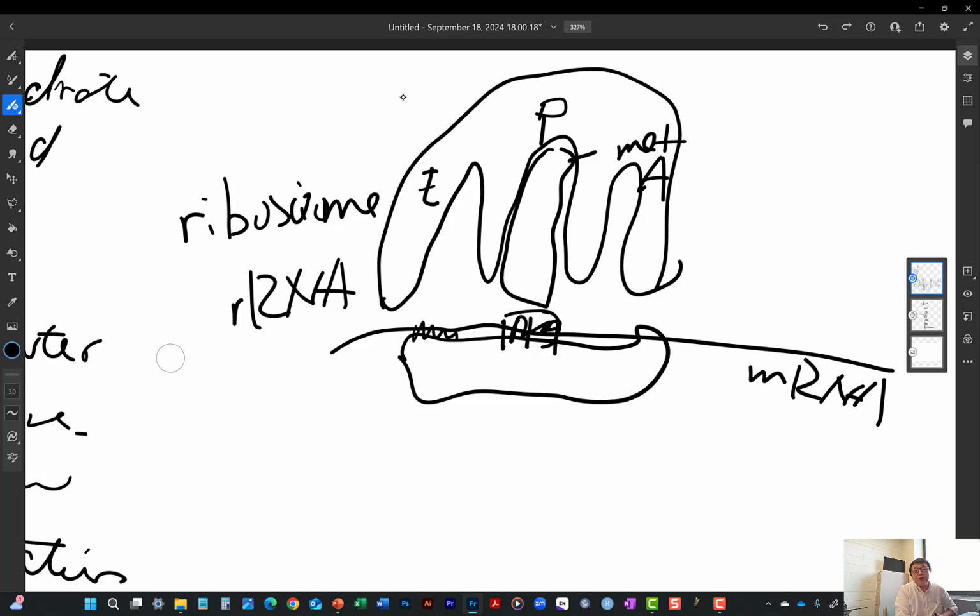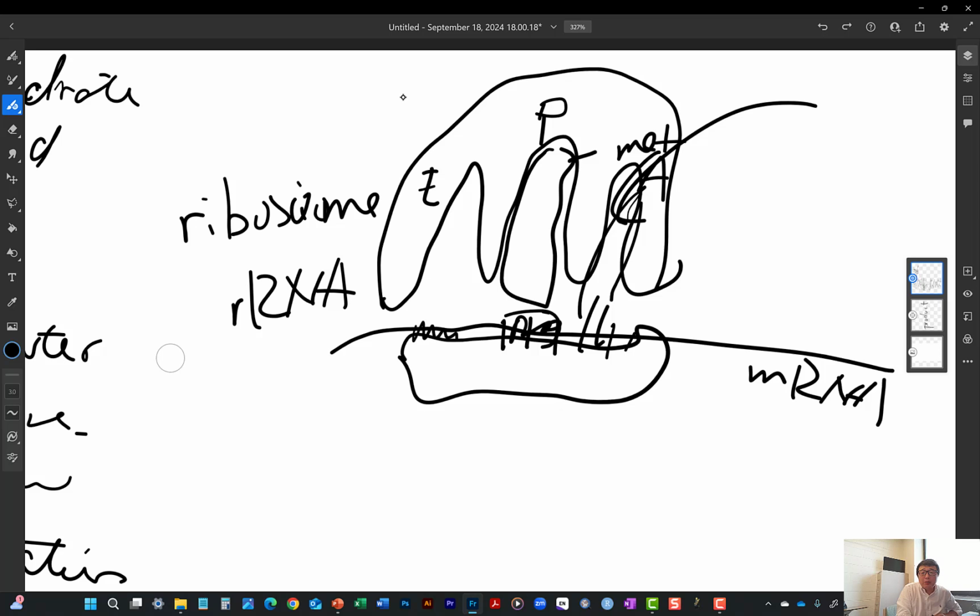The E is probably because this is the position where the tRNA escapes or exits the machine, and the tRNA here is an empty tRNA. So now this A site, at first, is empty. Any tRNA can come, but only if this tRNA matches the codon right here.